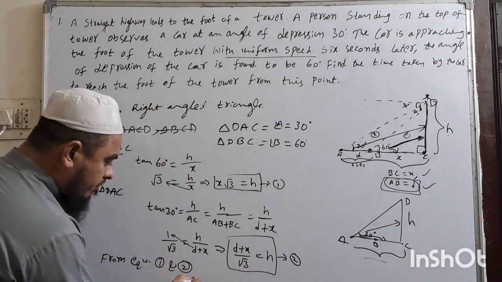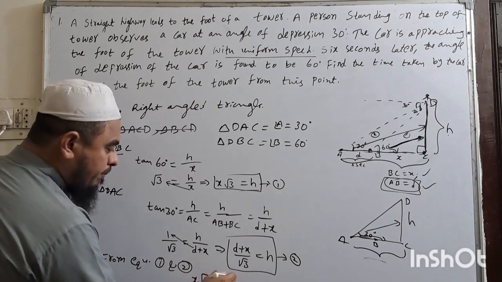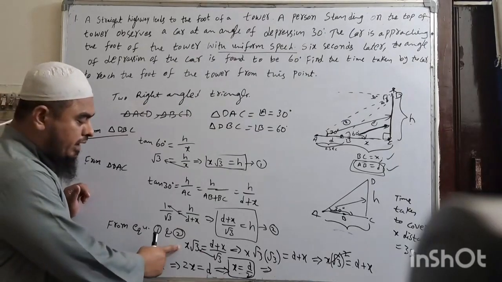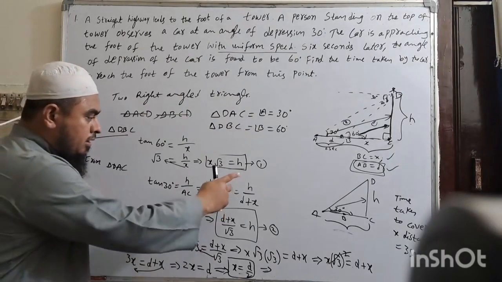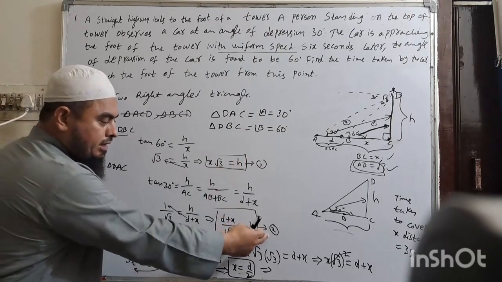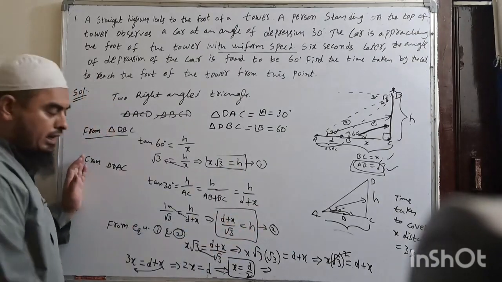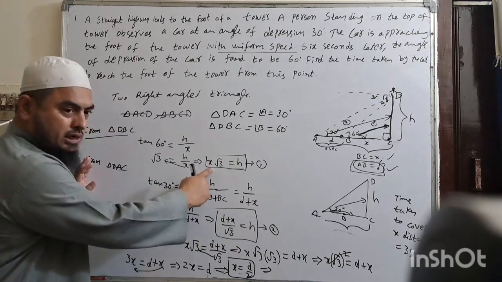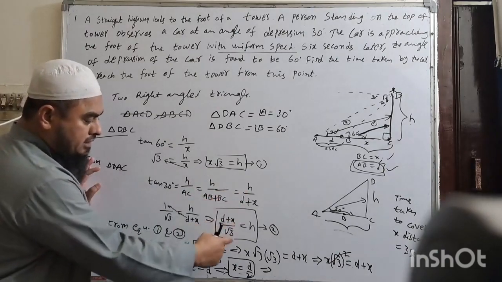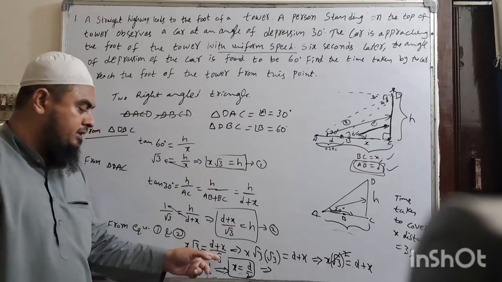So from equation 1 and 2 we can equate X root 3 is equal to D plus X by root 3.